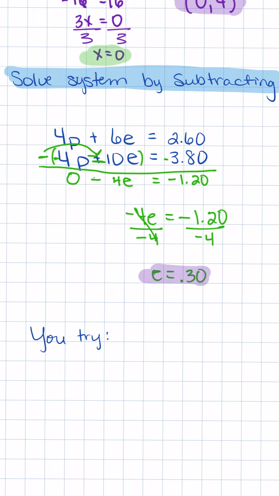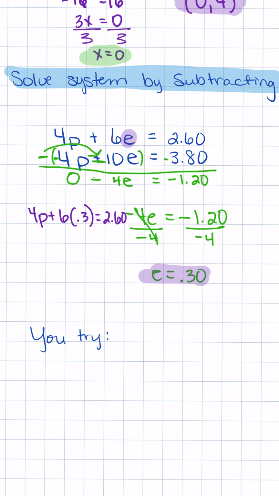So then we're going to take e and substitute it into this equation. So then we have 4p plus 6 times 0.3 equals 2.60.